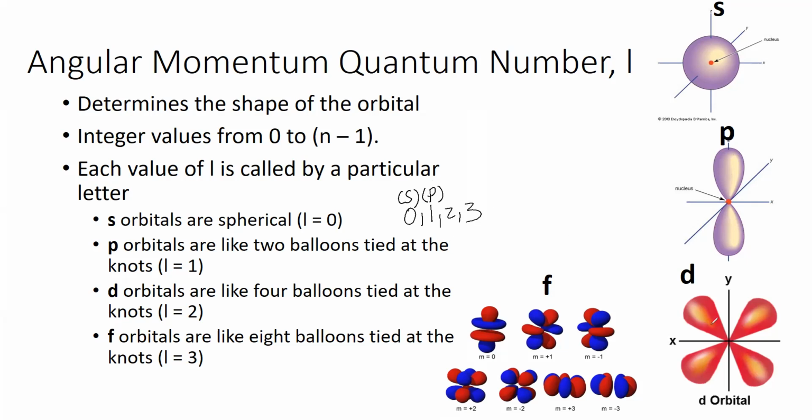If L is 2, you're going to be in this clover shape. You're going to be found somewhere in here if you're an electron with a value of L of 2. That's the d orbital. If your L equals 3, you're going to be in some weird shape that I can't really describe. Like Wikipedia says, it looks like 8 balloons tied in knots.